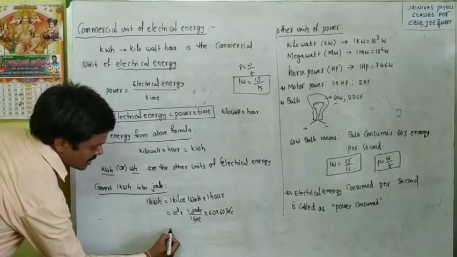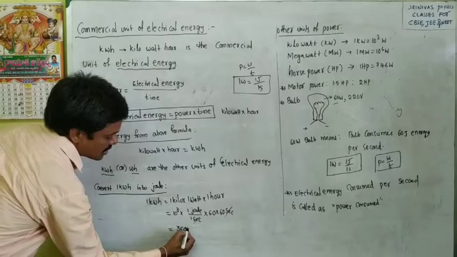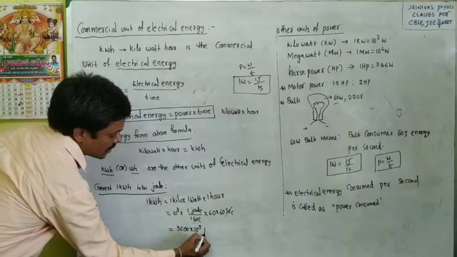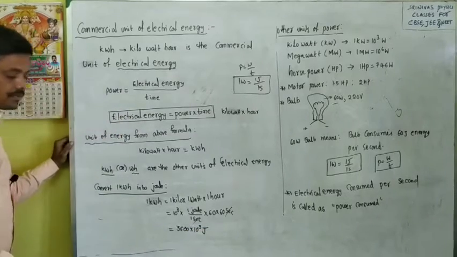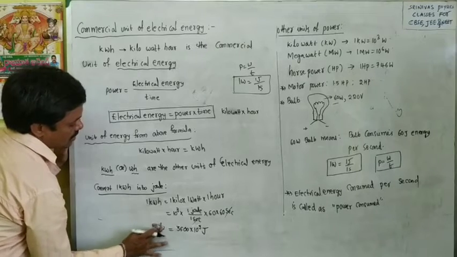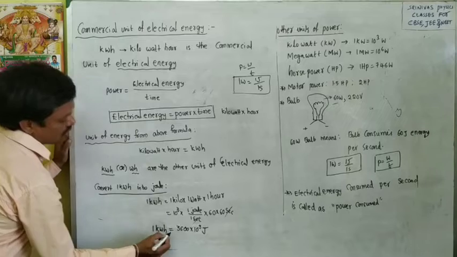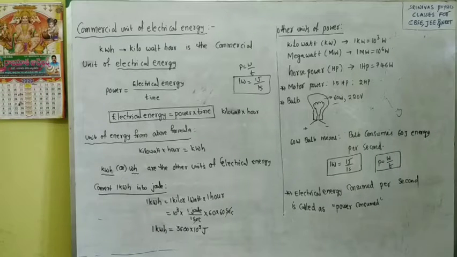Then what will you get? 60 into 60, 3600 into 10 to the power of 3 joule. So 1 kilowatt hour is equal to 3600 into 10 to the power of 3 joule.